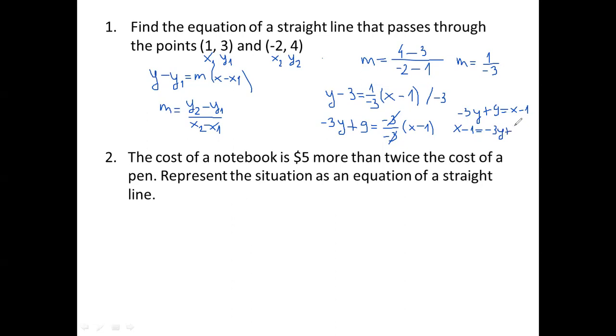plus 9. So first we will put x and y on the left side and the numbers on the right side. In order to lose the -3y on the right side, I should add plus 3y on both sides.